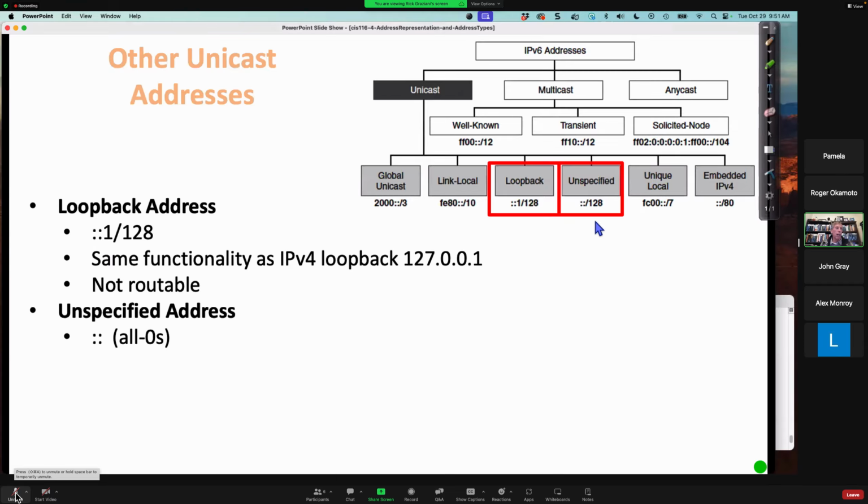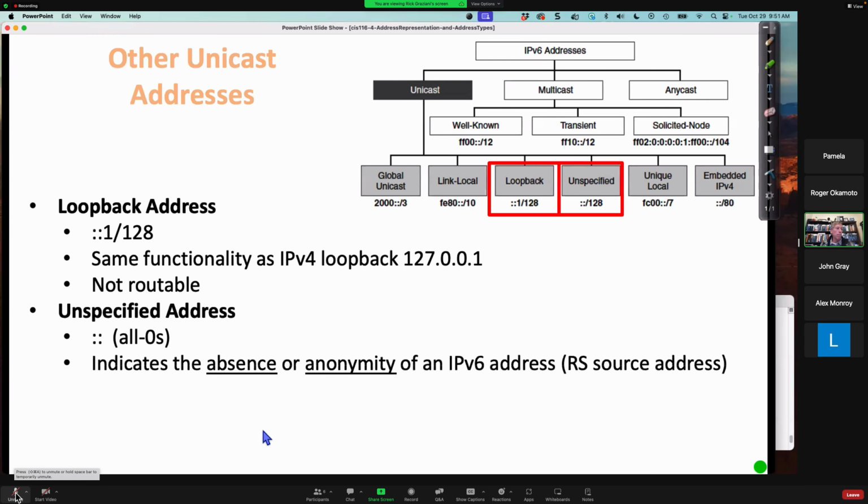Unspecified address is an all zeros address. It usually means, you don't need to know who I am. It's a source address. It's usually, I'm sending a packet because I need some information. We'll talk about this later. I'm sending something called a router solicitation message.